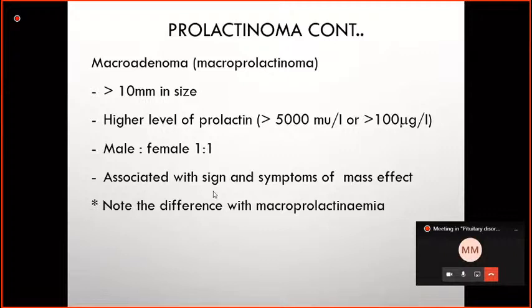It just means that there's a lot of prolactin which is big in size that you can find in the blood. This big prolactin is because prolactin binds to IgG. Somehow this prolactin can bind to immunoglobulin in the blood, so the prolactin appears big. When you measure it in the lab, it can appear that the prolactin level is high.